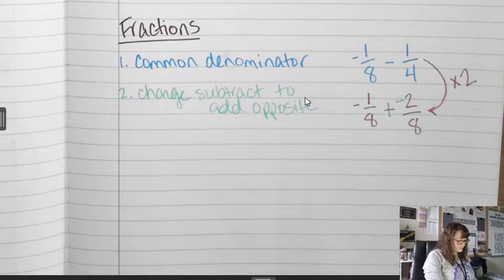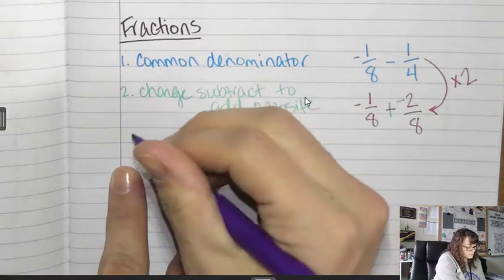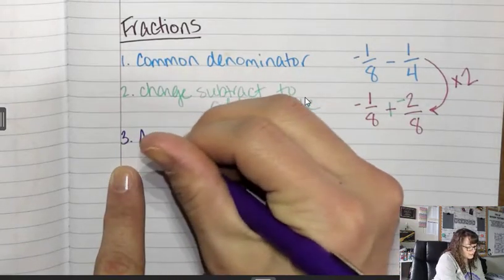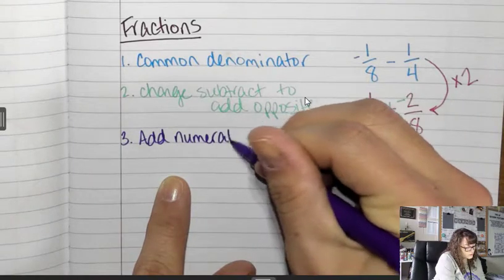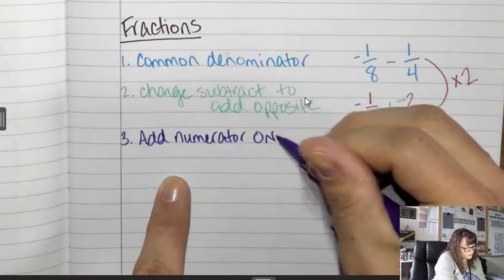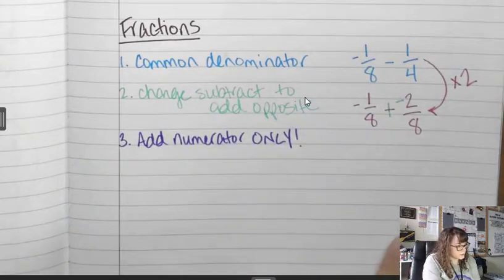All right, then this is an integer rule on the numerators only. So at this point, I add numerators only. And I follow integer rules.